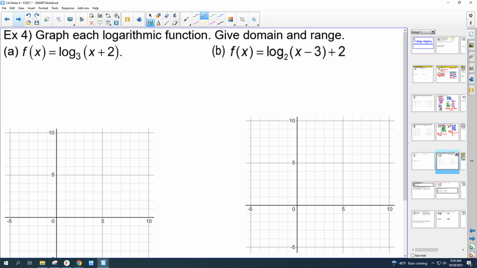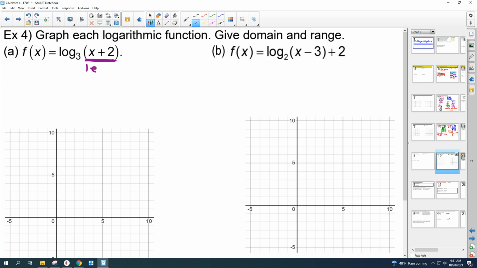So let's step it up a notch. Let's do a little bit more complicated logarithms. If I'm going to graph these things, it's basically the same idea, all right? However, this one has a shift. And you need to recognize that you've seen that kind of shifting before in other functions, in circles, in parabolas, in absolute value, in whatever.